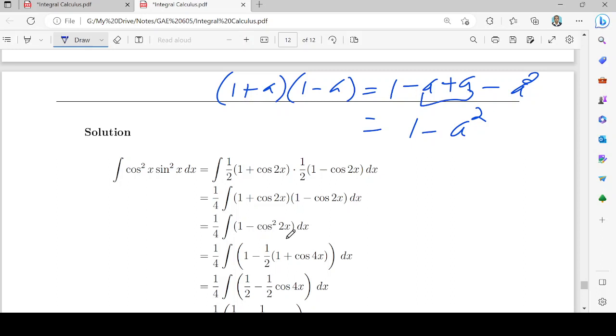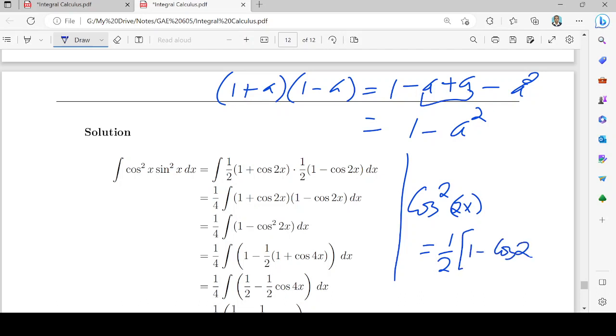But because we still have the square here, we are going to replace the square of cosine of 2x, which is the same as 1 over 2, 1 plus cosine of 2x. Notice that we are going to multiply this angle by 2. So it becomes 4x. 2 times 2x is 4x.